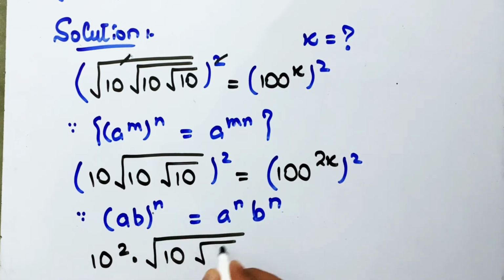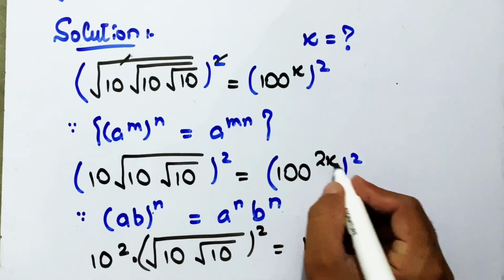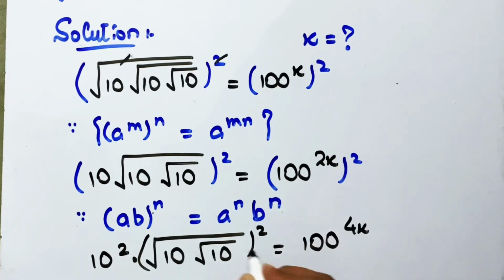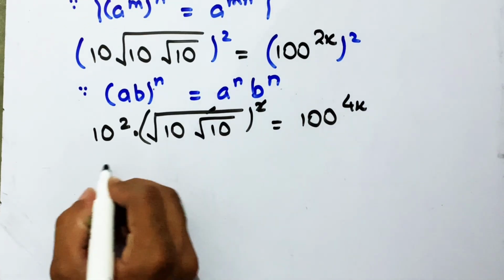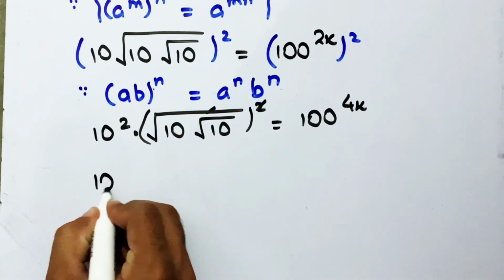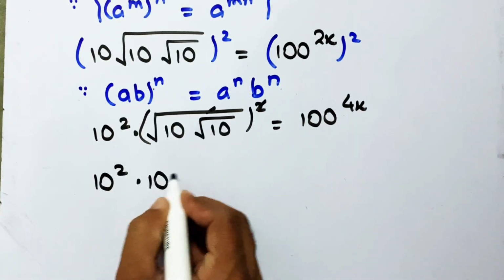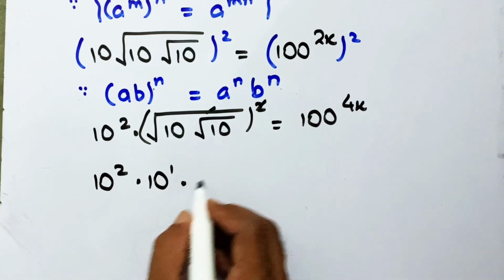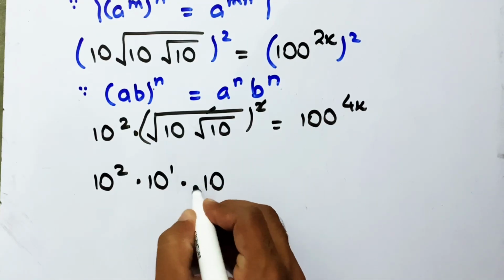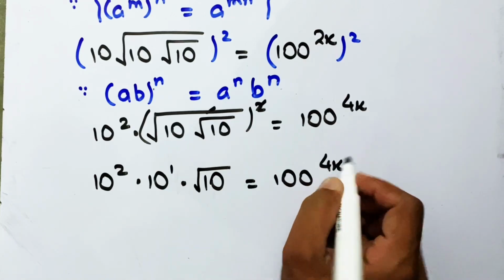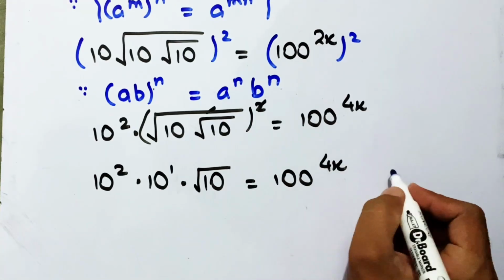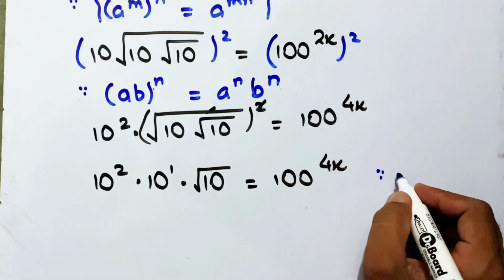Square and square root cancel out, so our equation is 10 squared times 10 to the power of 1 times 10 square root, equals 100 to the power of 4x.